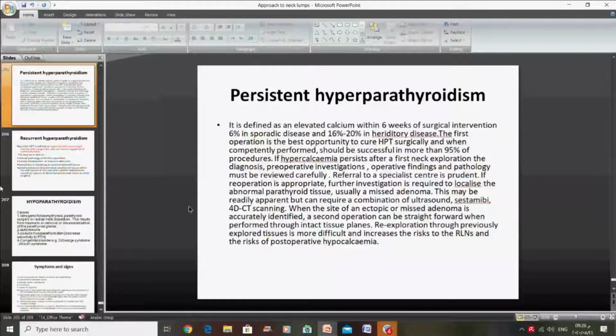Re-exploration through previously explored tissue is more difficult and increases the risk to the recurrent laryngeal nerve and risk of postoperative hypocalcemia. إذن هذه نتيجة شنو؟ البرسيستنت هايبرباراثيرويديزم. أما الكيس هي شنو؟ اكتوبيك وما شايلها الجراح، أو هايبربلازيا والجراح شايل وحدة حسبالها هي السبب مال هايبرباراثيرويديزم.